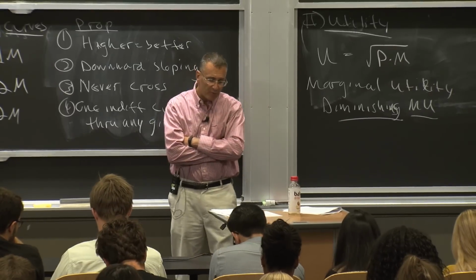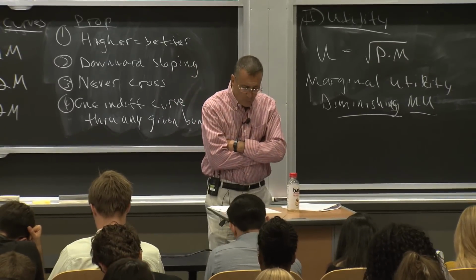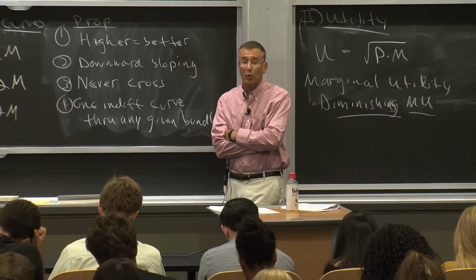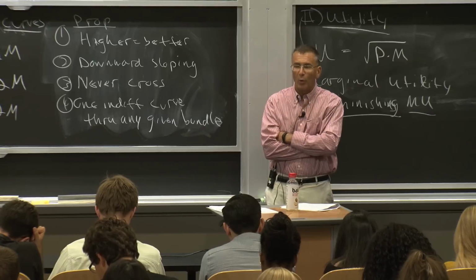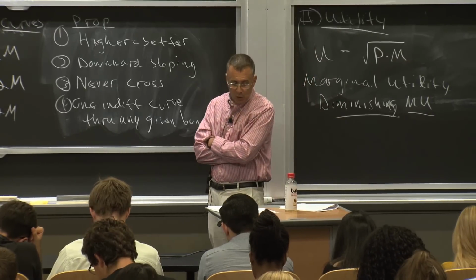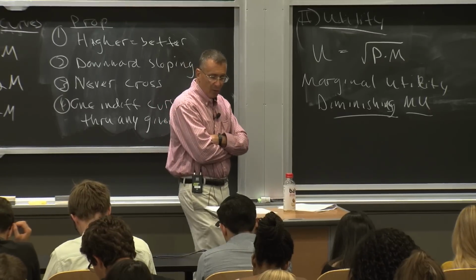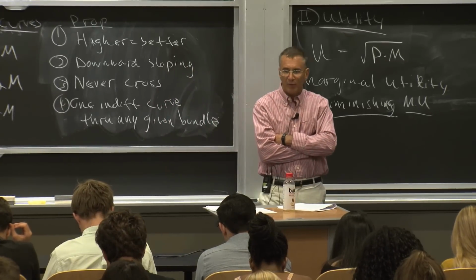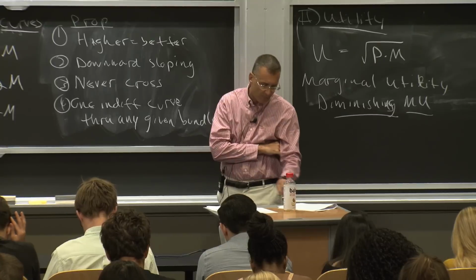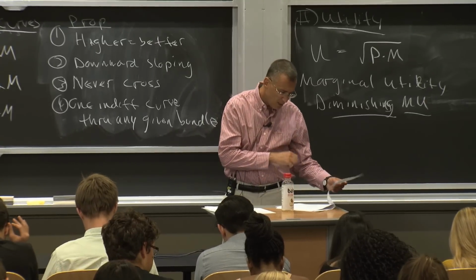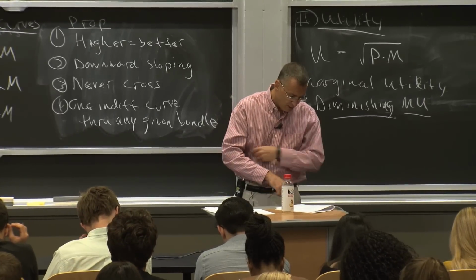Going from no movies to 1 movie raised utility by 1.4. Going from 1 movie to 2 movies raised it by 0.59. Going from 2 movies to 3 movies raised it by 0.45, and 3 movies to 4 movies raised it by 0.38. Okay? This is diminishing marginal utility.